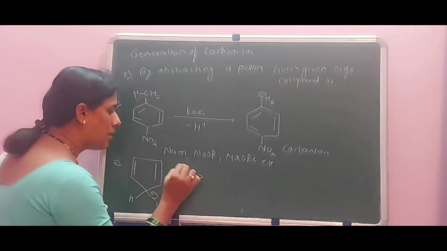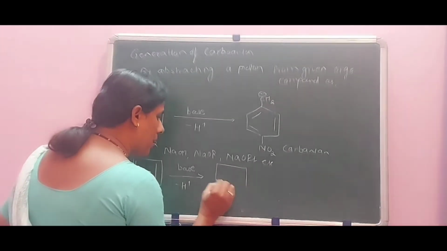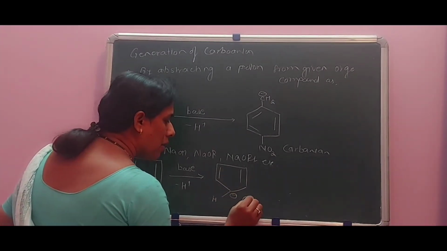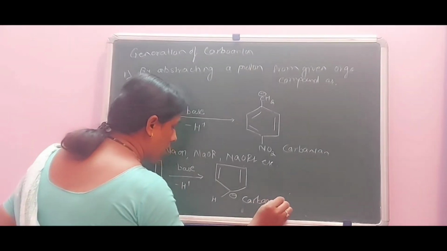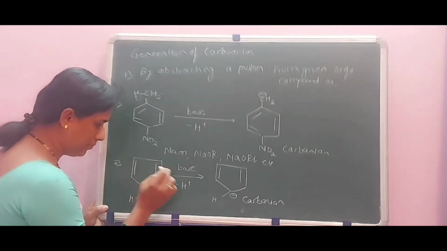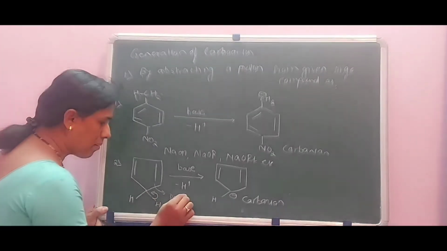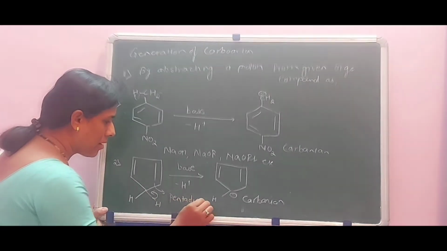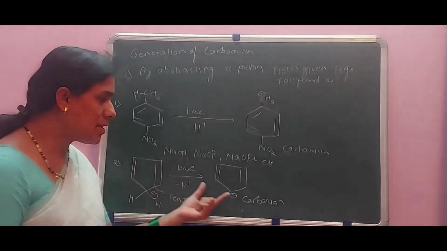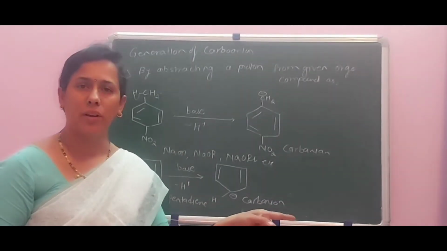This proton is abstracted, and there is generation of a carbanion. The compound is a five-membered ring, cyclopentadiene. In this structure, the base abstracts the proton and there is generation of a carbanion.